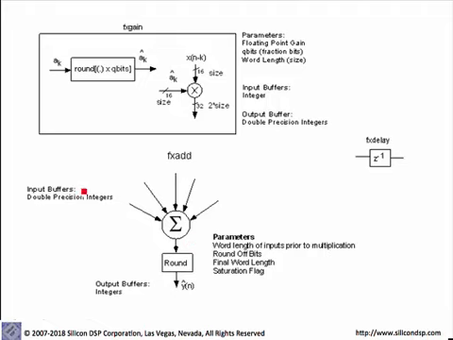So its input buffers are double precision integers because they are the results of the operation of the fx gain, which potentially can multiply two 32-bit numbers and get 64-bit numbers out, and therefore we actually implement the buffers using double precision integers. Even if we were implementing an 8x8 multiplication with a 16-bit result, we still use double precision to represent that.